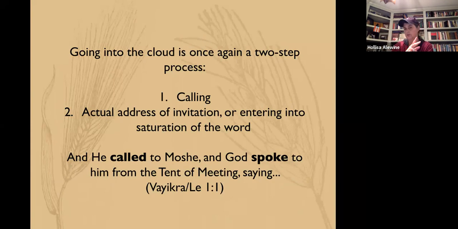And there's a couple of different ways of saying spoke. We can use the word daber, which means to speak, or we could use amar, which means to say. All right, in Hebrew, just like in English, there's different words that we might use to describe speaking, talking. But this seems to be the pattern. First, there's a call, Vayikra, and then what follows is the actual words.